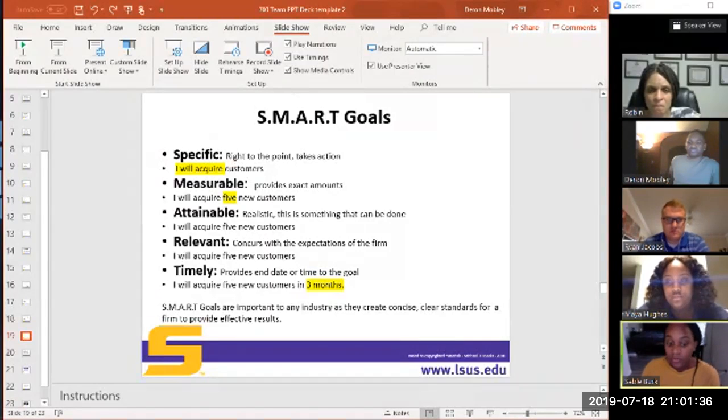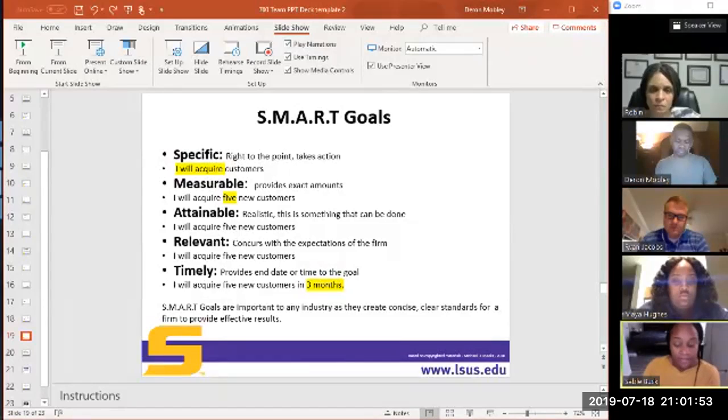They want to acquire clients to make sales, and then it's timely. I have 3 months, putting a hard stop to it. So SMART goals are important to any industry as they create concise, clear standards for a firm to provide effective results. And that is what I had on SMART goals.